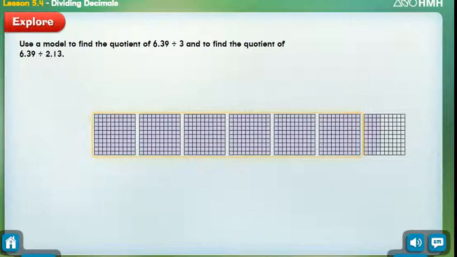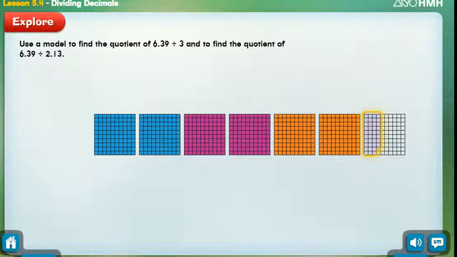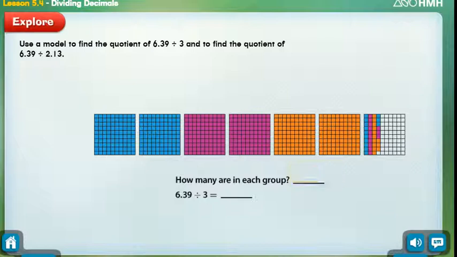First, let's separate the 6 whole grids into 3 equal groups. Next, let's separate the 39 hundredths into 3 equal groups. Count the wholes and the hundredths to find how many are in each group.